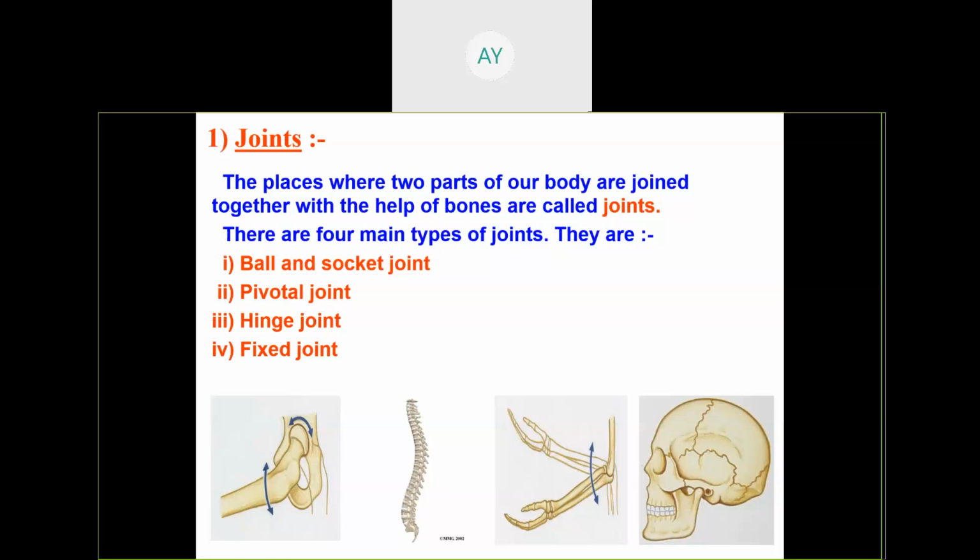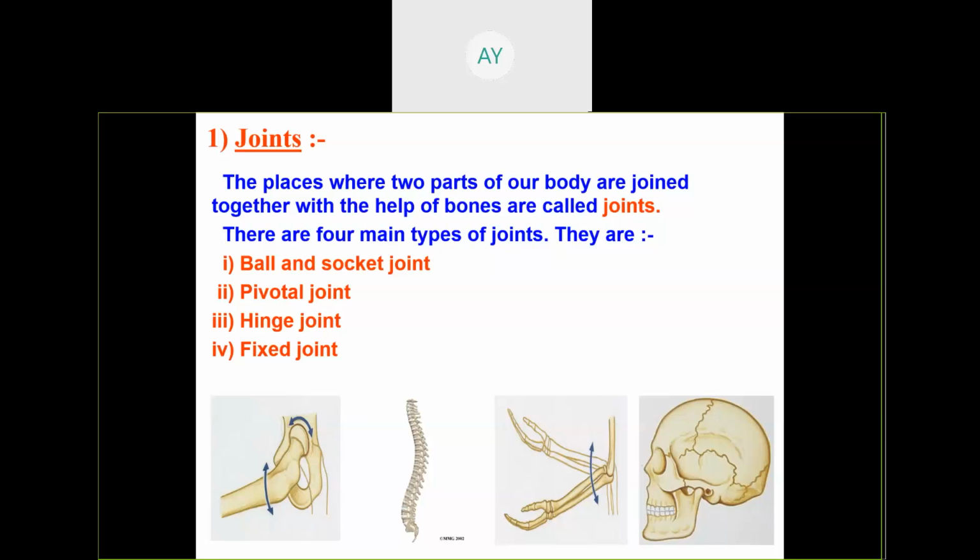Okay. Now the fixed joint. In a fixed joint, there is no movement. You cannot give movement with the help of a fixed joint. So the cranium, the skull bone, you can feel the joints. This comes in the category of fixed joints. With the ball and socket joint, pivotal joint and hinge joint, you can give movement to your body.